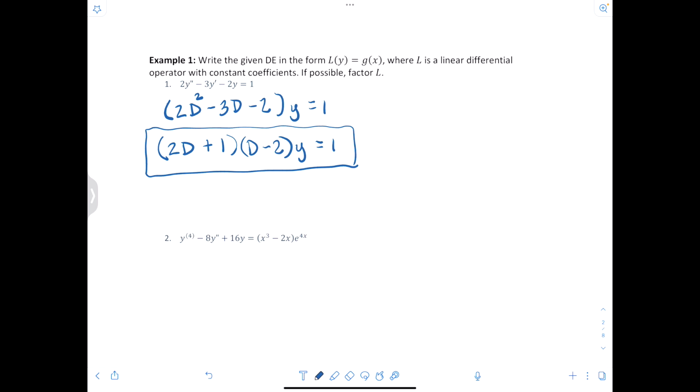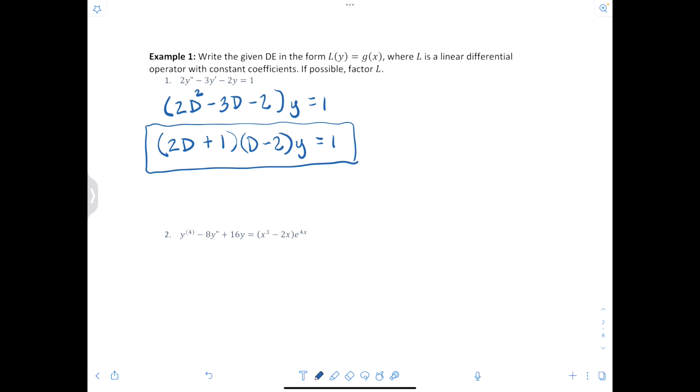Now, let's take a look at this one. So, this one would be, we have the fourth derivative minus 8 times the second derivative plus 16, all that is times y, and that is equal to the quantity x cubed minus 2x times e to the 4x.